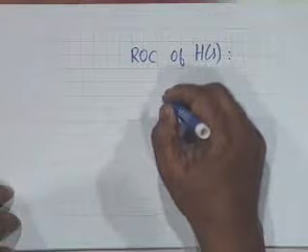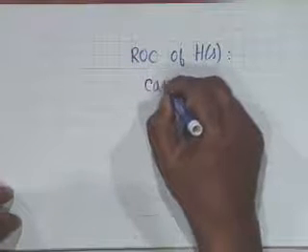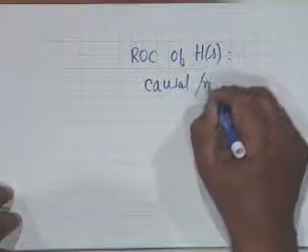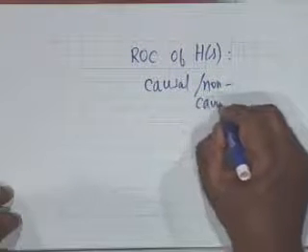We can also conclude from the ROC of H of S another characteristic of the system, that is whether it is causal or non-causal. Let us see how this can be done.